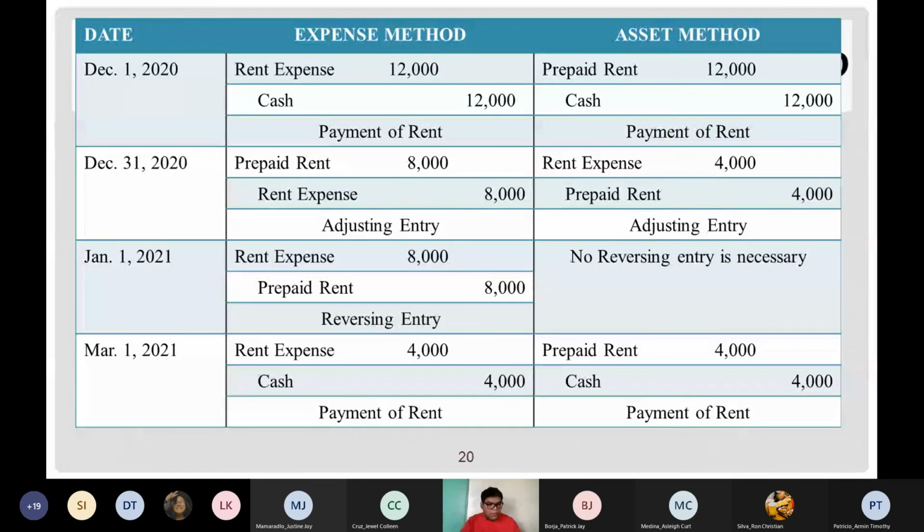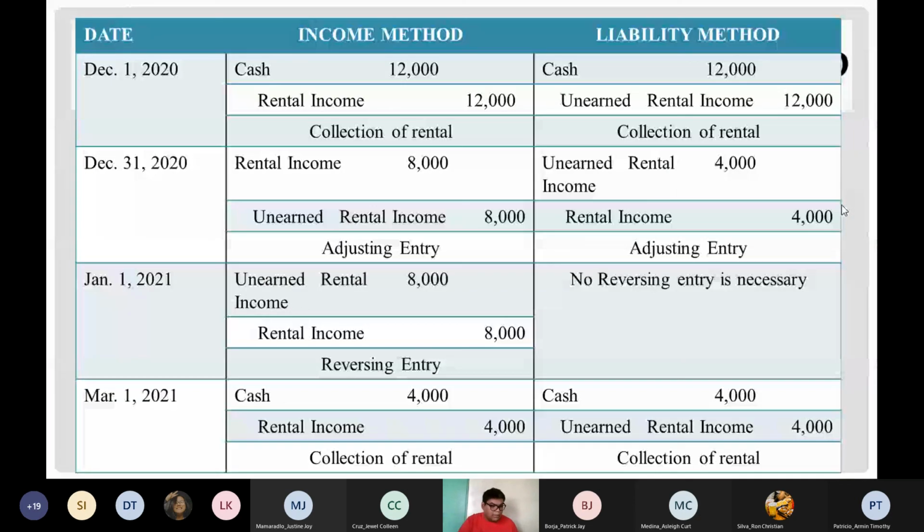Okay. However, yung asset method kasi is just an alternative method as mentioned kanina. The expense method for recording expenses, whether prepaid or accrued, and income method for recording income, whether pre-collected or accrued.